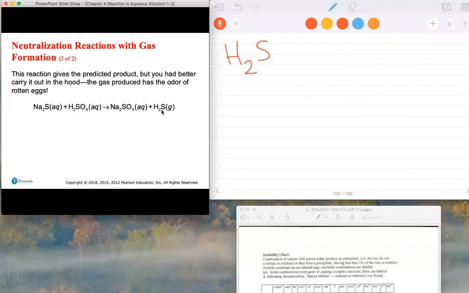What is happening here is just the crossover rule again, using the periodic table and polyatomic ions. You can predict the product on this side.